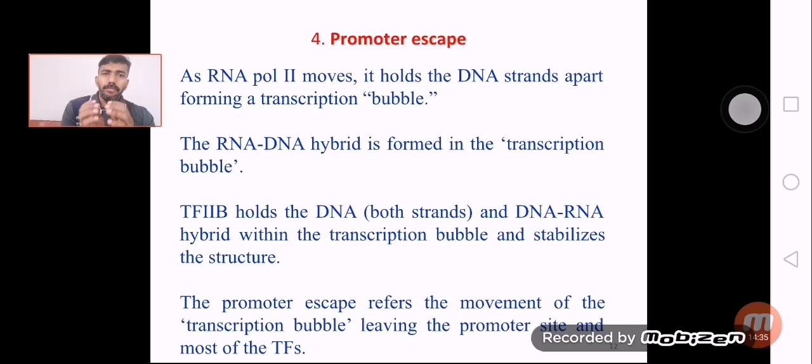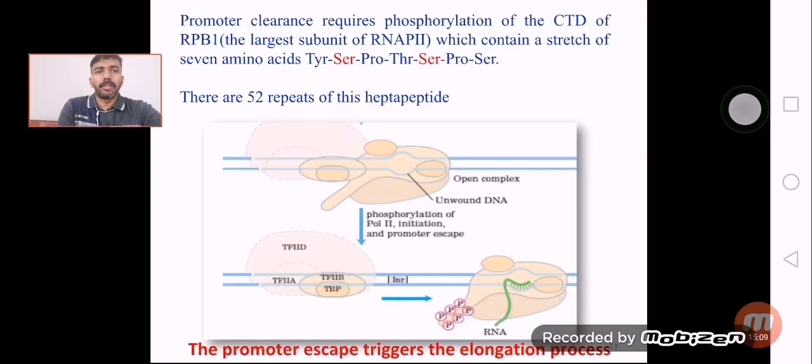And if you want to move away from the promoter region, you have to dissociate, or cut the bond between the TF2B and the DNA-RNA hybrid, or between the TF2B and the DNA itself, or the promoter complex itself. So this mechanism is what we call the promoter escape, right? The promoter escape is a movement of the transcription bubble leaving the promoter site and most of the transcription factors. So let's see how this happens.